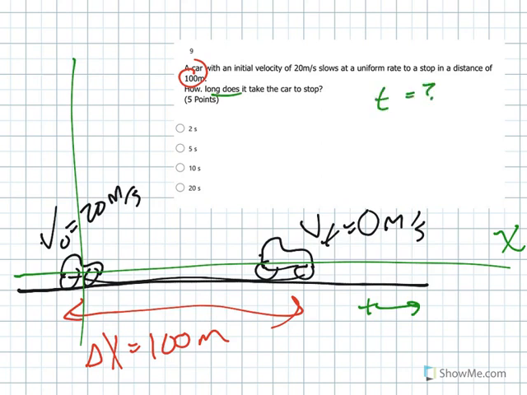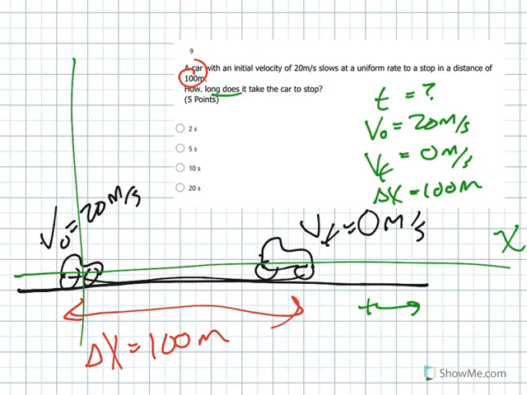But the information we're given is V naught, which is 20 meters per second, and V final, 0, and delta x, which is 100 meters.